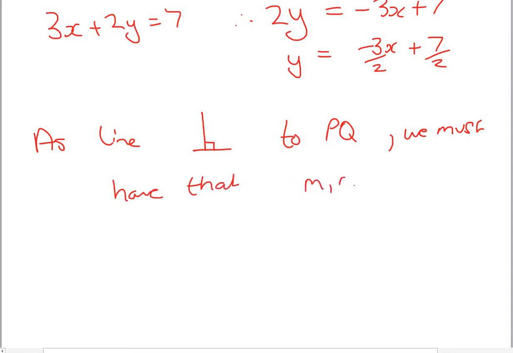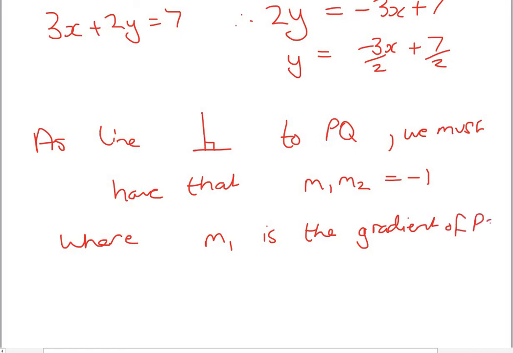So I'm going to write this as m1 m2 equals minus 1, where m1 is the gradient of PQ, and m2 is the gradient of this line, 3x plus 2y equals 7.